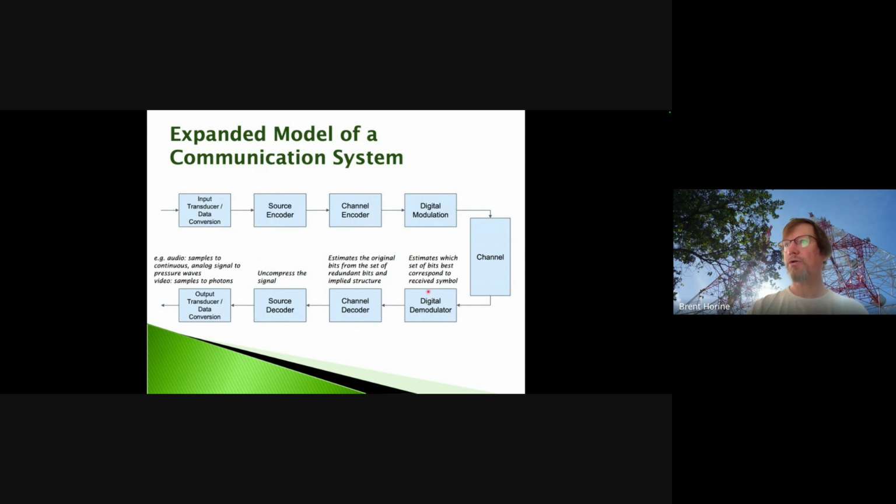We're trying to estimate which set of bits corresponds to the received symbol, so we have symbols in and bits out. Depending upon our value of K, that might be 1 bit per symbol, or it might be several bits per symbol. And then with this channel decoder, we're going to estimate the original bits from a set of redundant bits and implied structure. So it's the reciprocal or converse of the channel encoder.